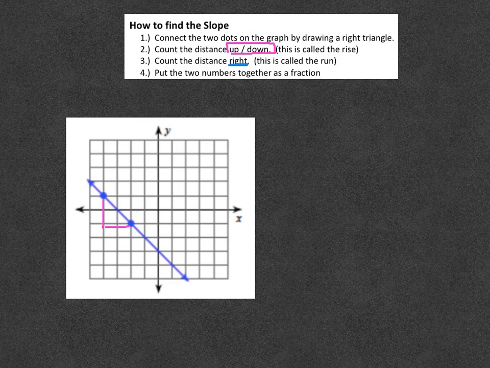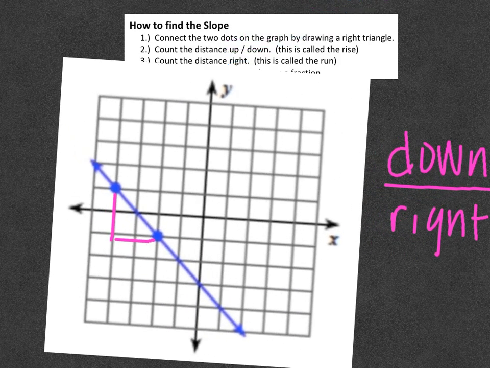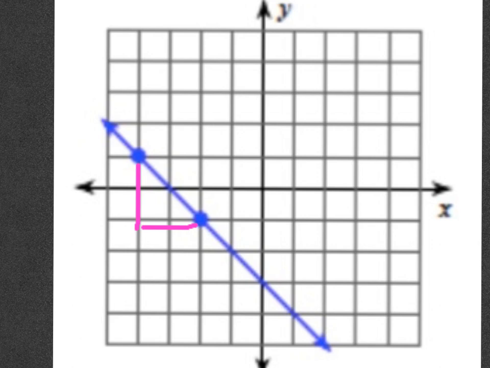The amount you go up or down is the rise. This graph went down, then it went to the right. When I count these, if I zoom up on my graph right here, and I count them, this goes down 1, 2. 2 units down, 1, 2.